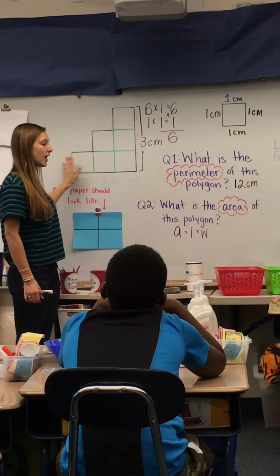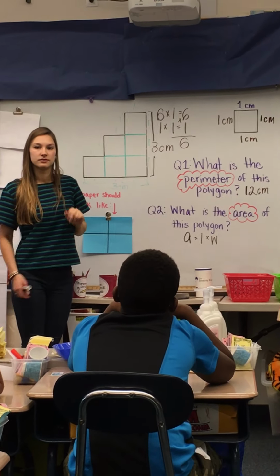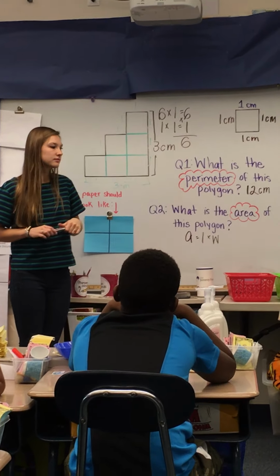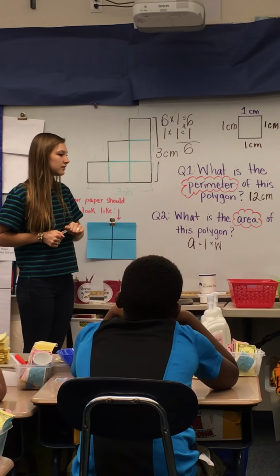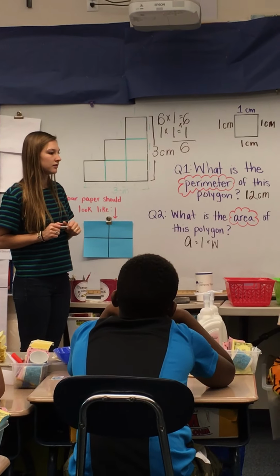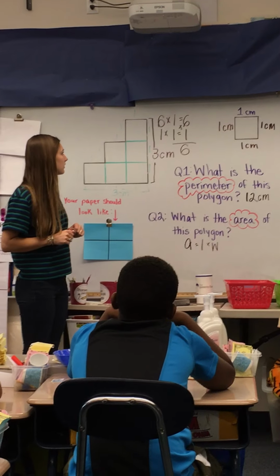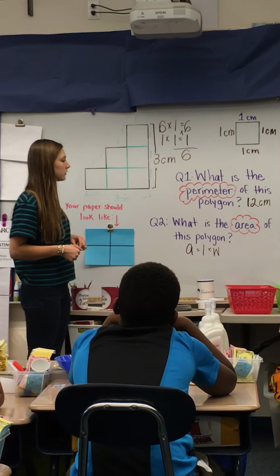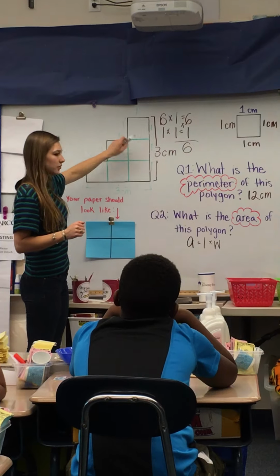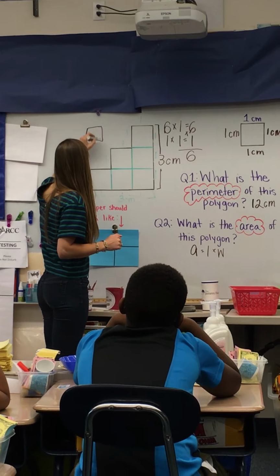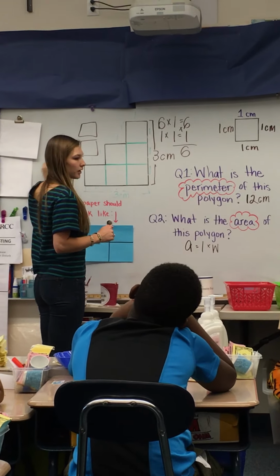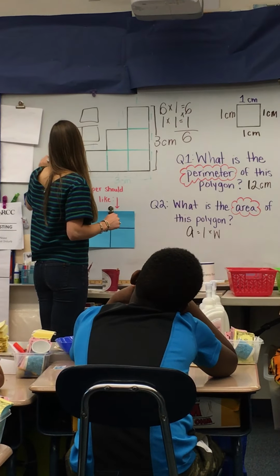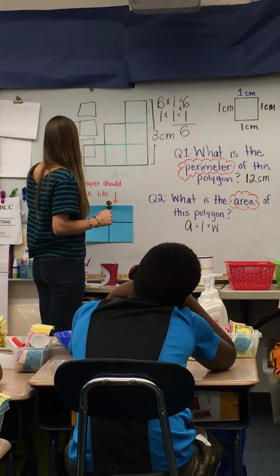How can you find the area? Okay, so what did you do? You cut your shape into 3 different parts like this, and then the bottom 3? Okay. So you cut your shape into 3 different parts and then what did you do?